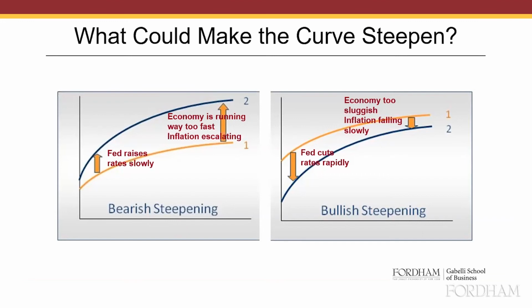That's why we have the curve steepening. And this is when the front end interest rate drops more than the back end. Typically, whenever we see a curve steepening, the market will say that the Fed is behind the curve. That means that they're not doing enough to change the momentum in the economy.